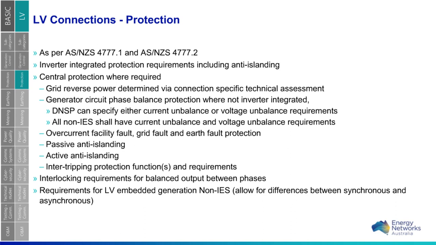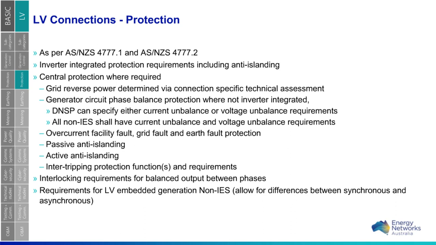Inverter integrated protection requirements would include anti-islanding, and 4777 also has a lot of information relating to central protection, where it's required to include grid reverse power, generator, circuit phase balance protection, overcurrent, facility fault, grid fault and earth fault protection, as well as anti-islanding, as I mentioned before, and potentially also inter-tripping protection.